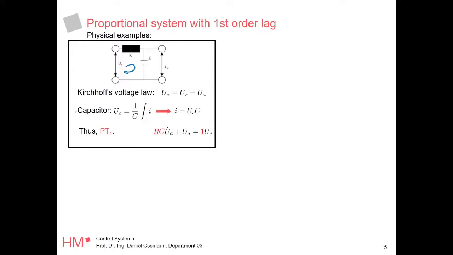So what we also know is that for the capacitor, we can express the voltage by the integral of our current and 1 over the capacity. So if we take this and build the derivative and multiply by C, this is the result, right? It's just rewriting this equation.